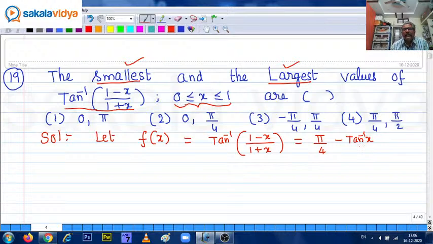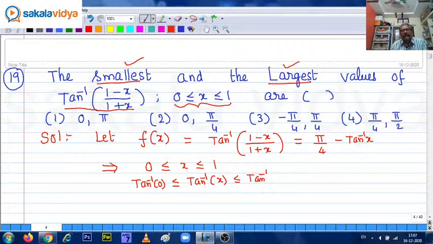So first consider this domain. The domain is 0 less than or equal to x less than or equal to 1. Apply tan inverse: tan inverse 0 less than or equal to tan inverse x less than or equal to tan inverse 1.